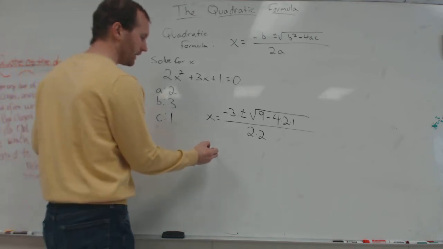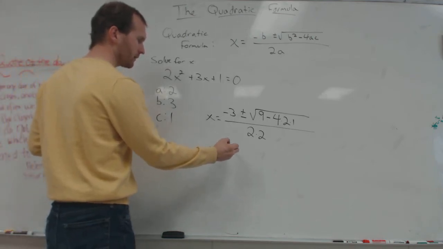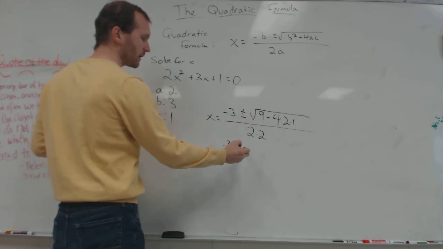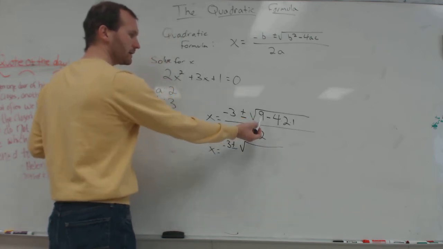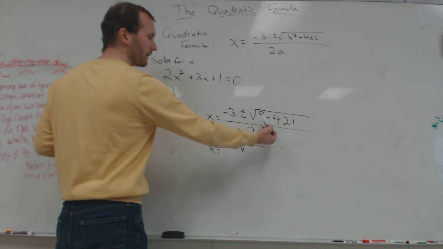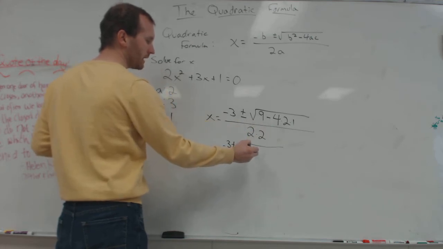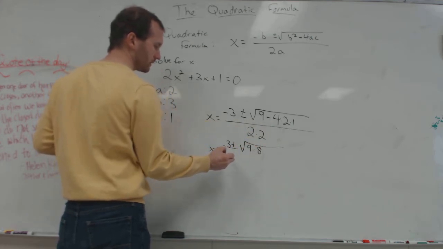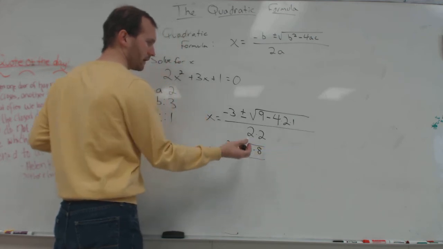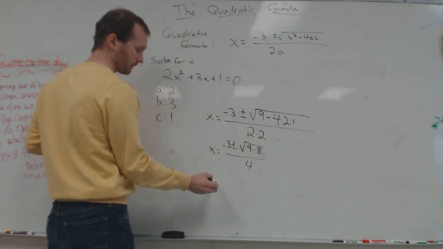So I have x equals negative 3 plus or minus. In my square root, I can't take the square root until I combine these two terms. So I'm going to have 9 minus 8. And then 2 times 2 is 4.